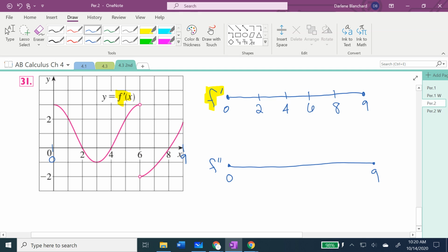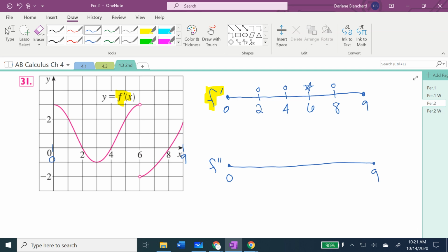Now, 6 is a little special, so I'm going to put a star on it so that I don't forget that it's not just some normal, average, run-of-the-mill critical number. And I also like to put zeros on top of the other ones so that I am telling myself, I know that f prime is equal to 0. It's not an undefined situation. It is 0 itself.